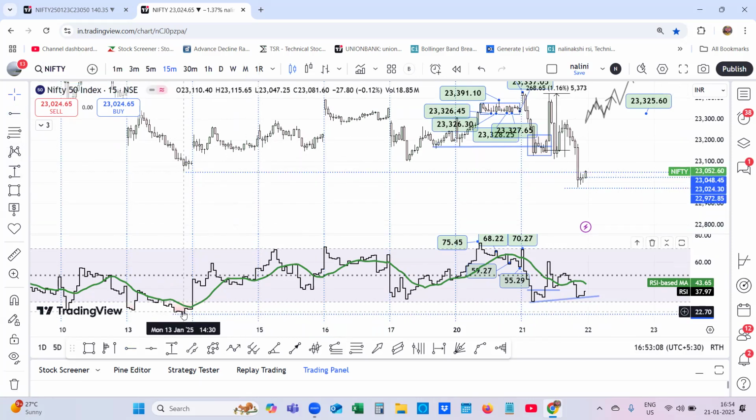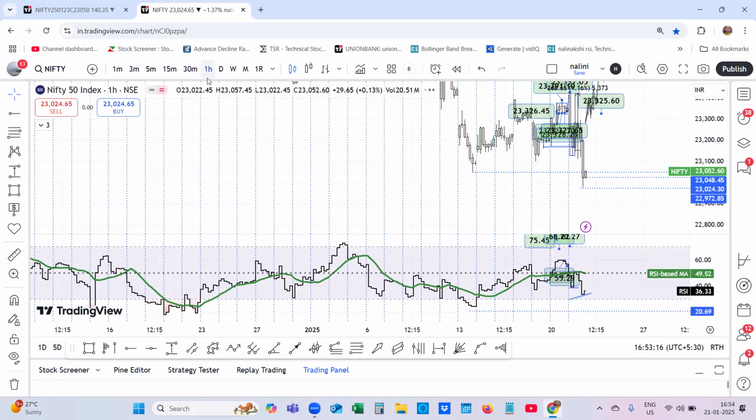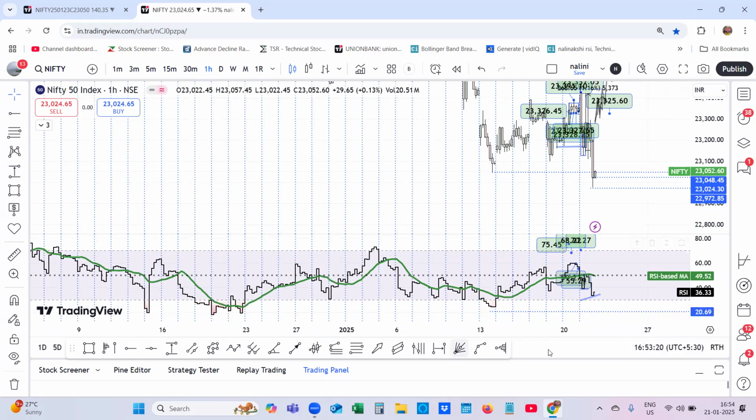The RSI reading is low and price has come below this. Clearly, let me change it to hourly so that you can see the RSI. So you can see a double bottom over here.